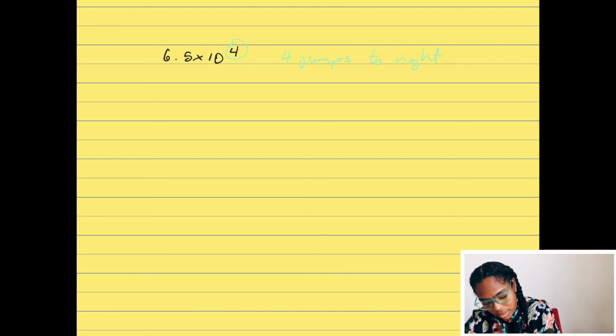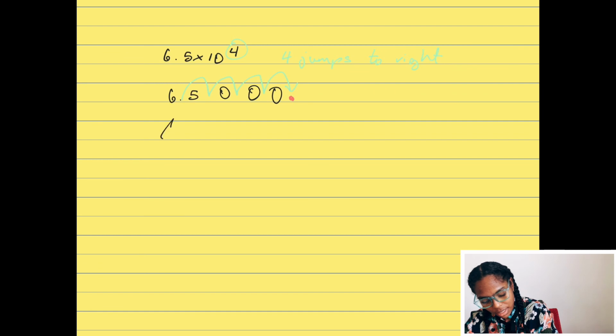Now let's look at this. We'll have 6.5, and we're making 4 jumps to the right. So we're going 1, 2, 3, 4, and our new point will be here, and let's add in our zeros in all of those jumps.